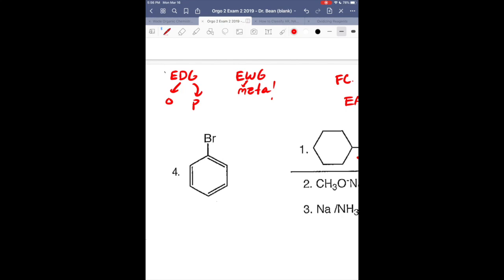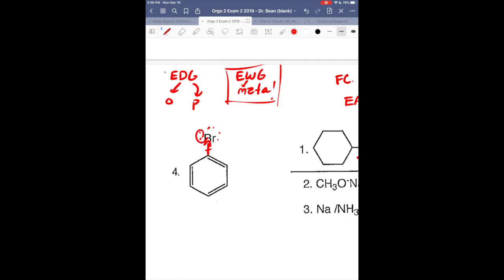Now here we have a halogen. So how do halogens direct? They are the exception to this rule because they act via the inductive effect to withdraw electron density. So you would think, right, they're weak deactivators, you would think that they would direct meta like electron withdrawing groups do.